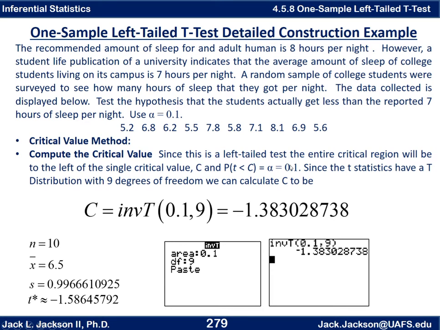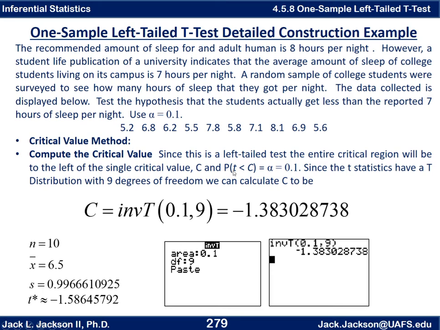Since it's a left-tailed test, the entire critical region will be one region in the left tail on the PDF graph, and the area of that region under the PDF is 0.1, which is our alpha.